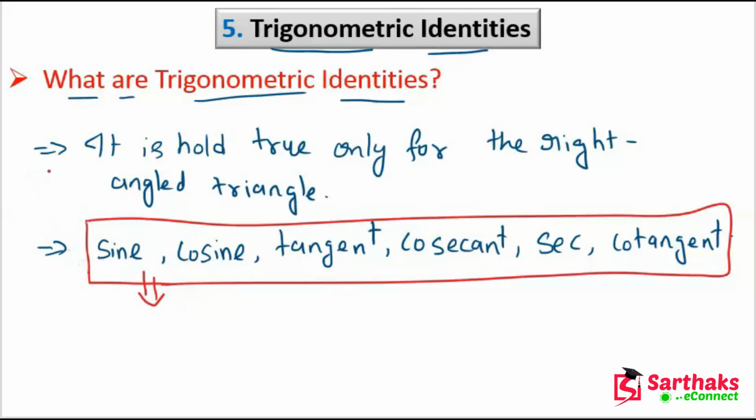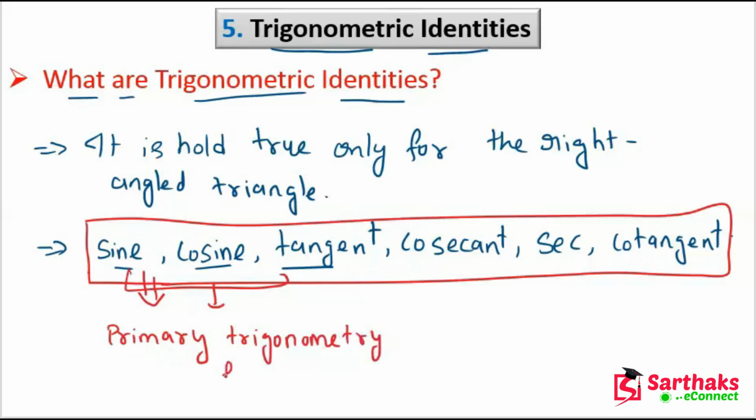Let me clear one thing also: sine, cosine and tangent, these 3 ratios are also called primary trigonometry functions.